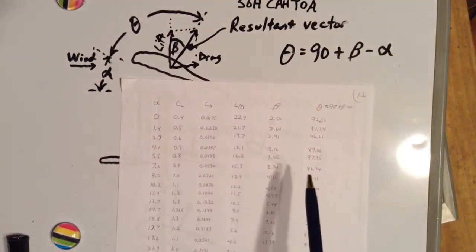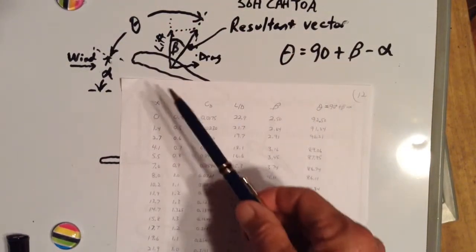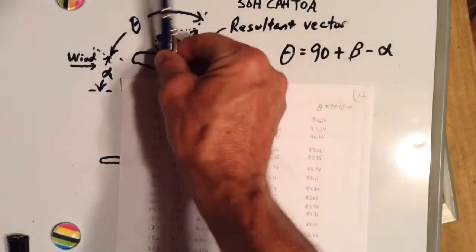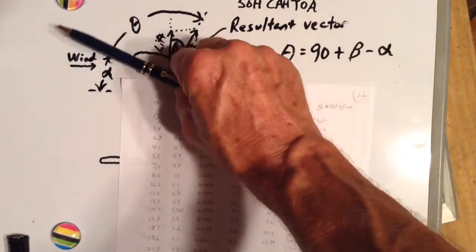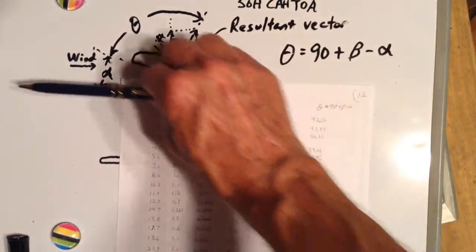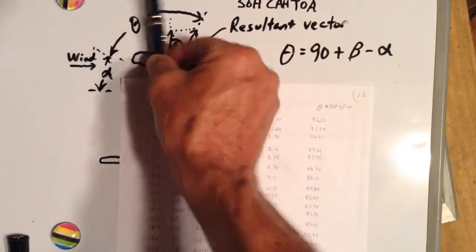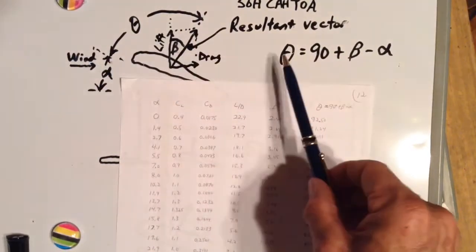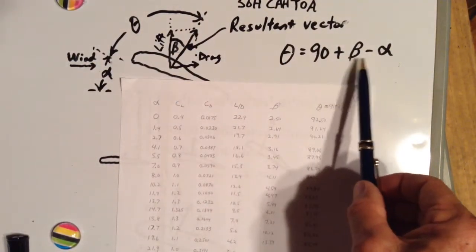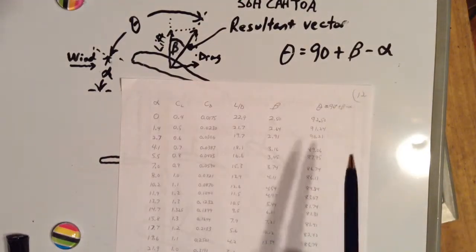No, it doesn't. We're about to find that out. We know that theta is equal to all of this minus this. Theta is equal to 90 degrees plus beta minus alpha.